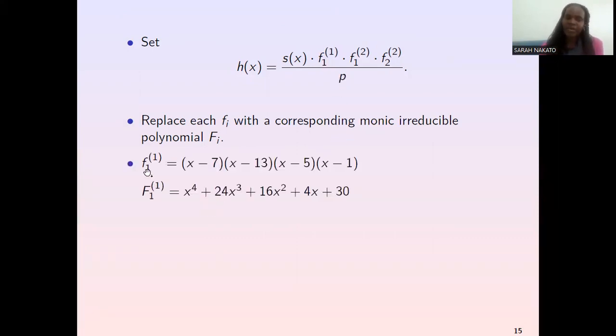In particular, what was F1,1, this polynomial is not irreducible. We have what we call a gluing lemma that ensures that we can get a polynomial that is irreducible, but without losing the properties that this other one was contributing. So such a polynomial is this. I calculated it.